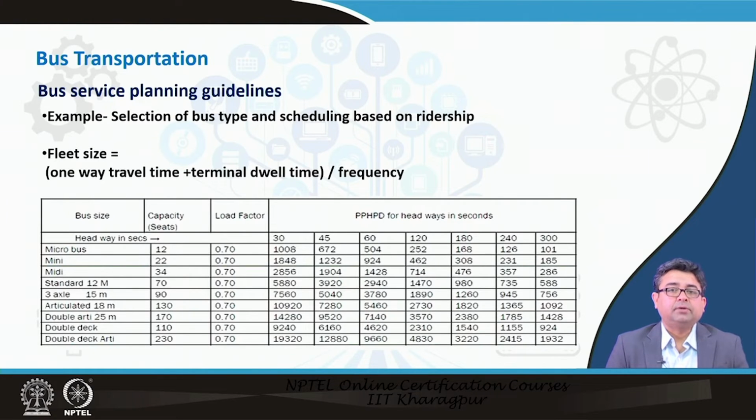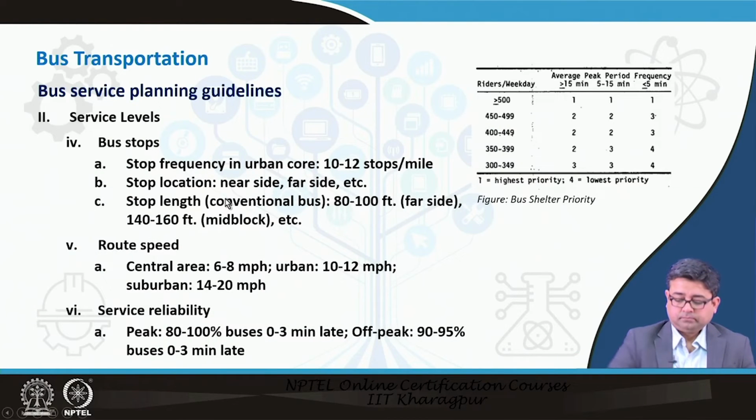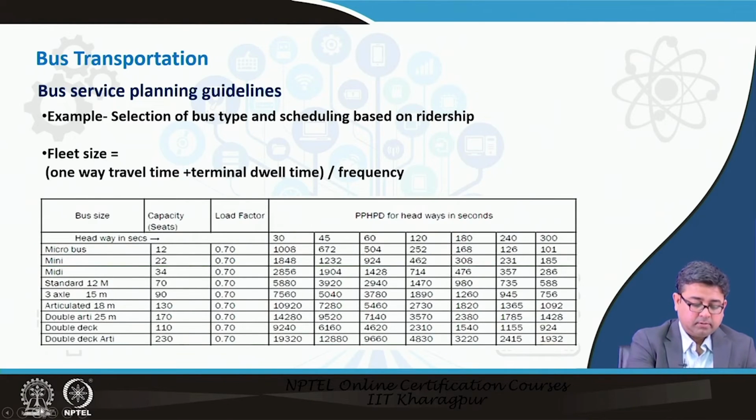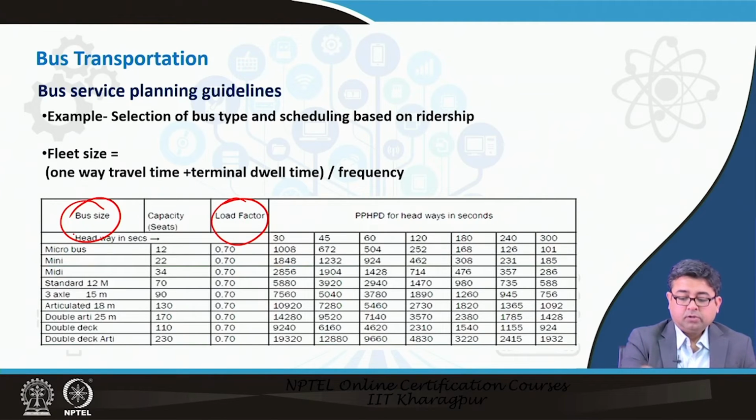So, this is an example of how you would design for a fleet size depending on the loading factor and the bus size. If you know the bus size, the headway, and what type of bus has what capacity, then you could say how many passengers per hour per direction.